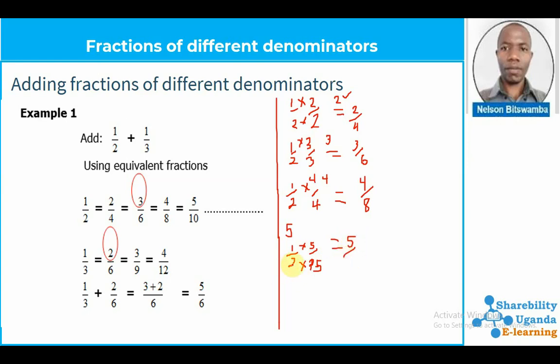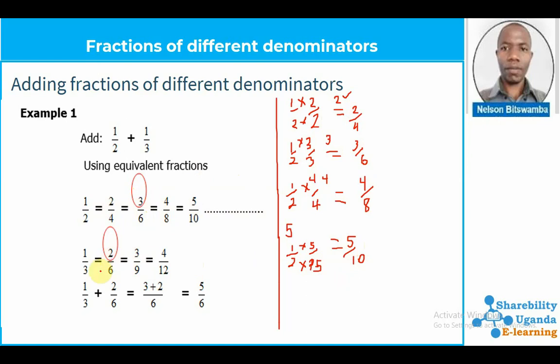What is 5 times 2? 10. So we have got our equivalent fractions: 2 out of 4, 3 out of 6, 4 out of 8, 5 out of 10. This is how we get our equivalent fractions.